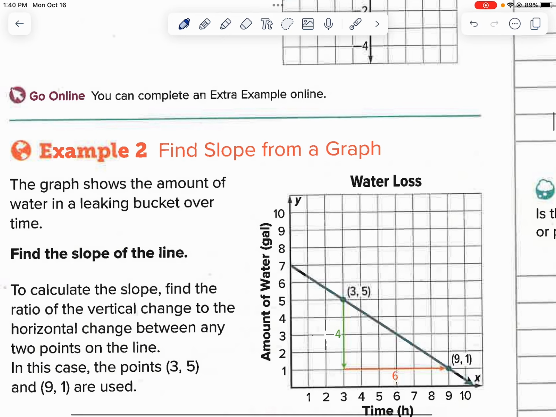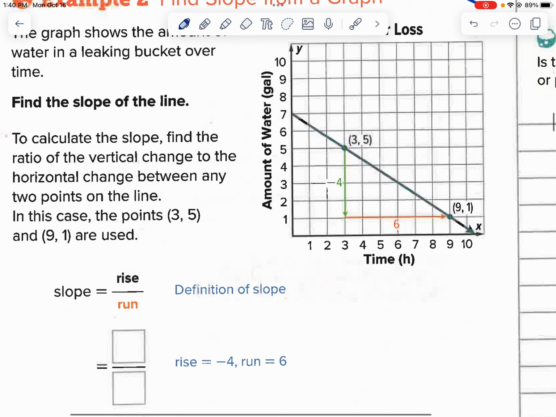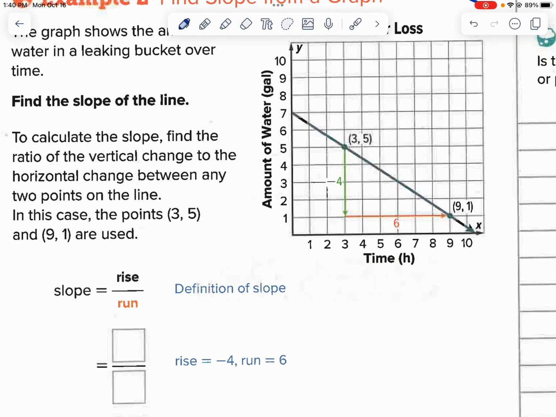This one, if I look at it, it is a negative slope. We are talking about a negative slope. Okay, to calculate the slope, find the ratio of vertical to horizontal change.